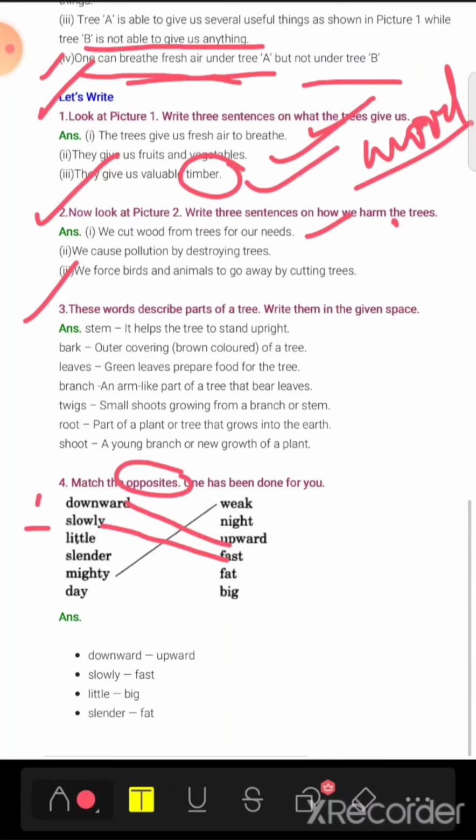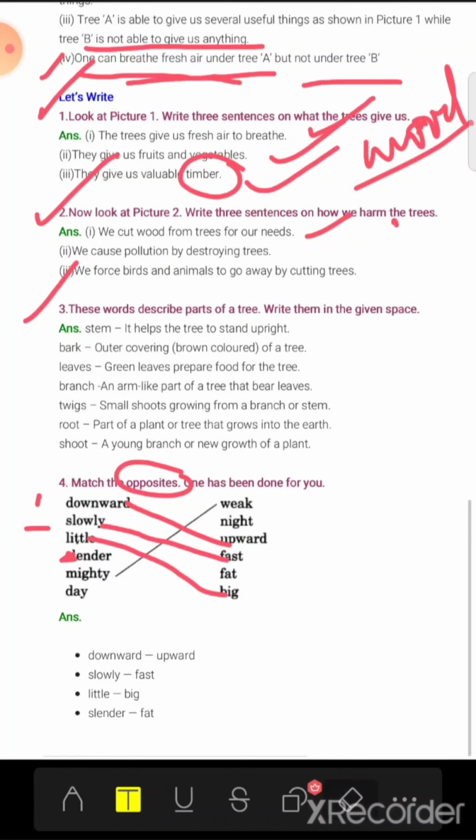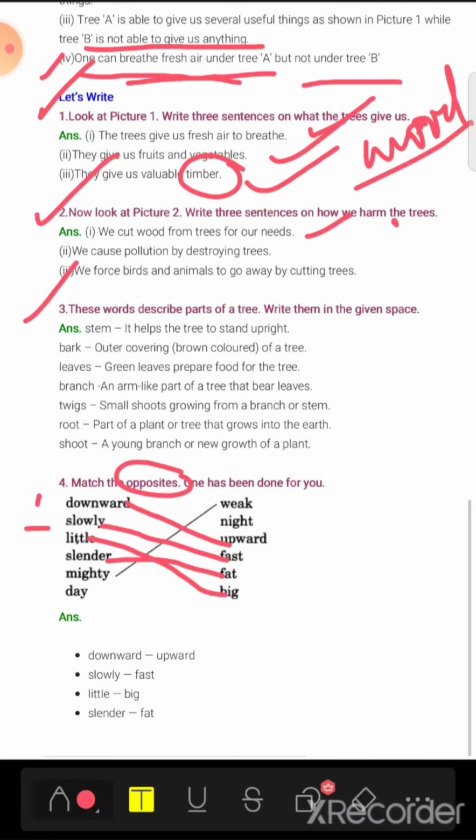Little means small, and the opposite of little is big. Slender is thin, so the opposite of slender is fat. Mighty, strong, and the opposite of mighty is weak. And the opposite of day is night. So I think this is clear to all of you.